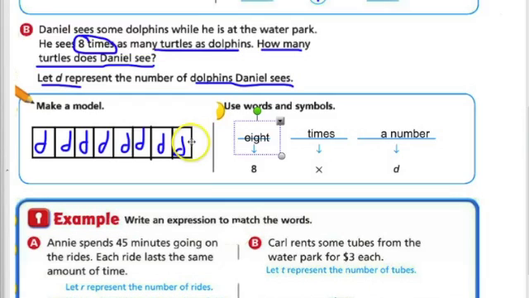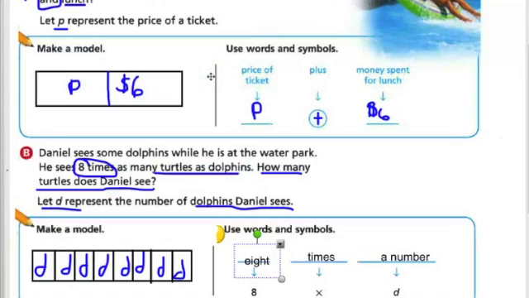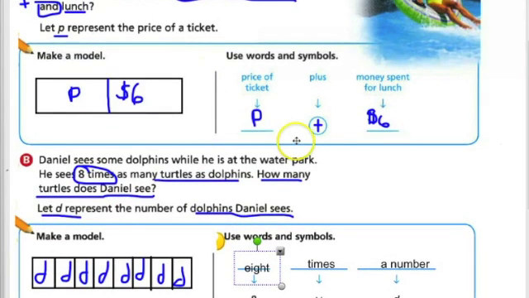So make sure you're looking at the expression and making sure it matches the words. Down here, this expression simply lets us know that a number of tickets plus $6 is going to tell me how much total was spent on the tickets and on lunch. So that's what that is saying.